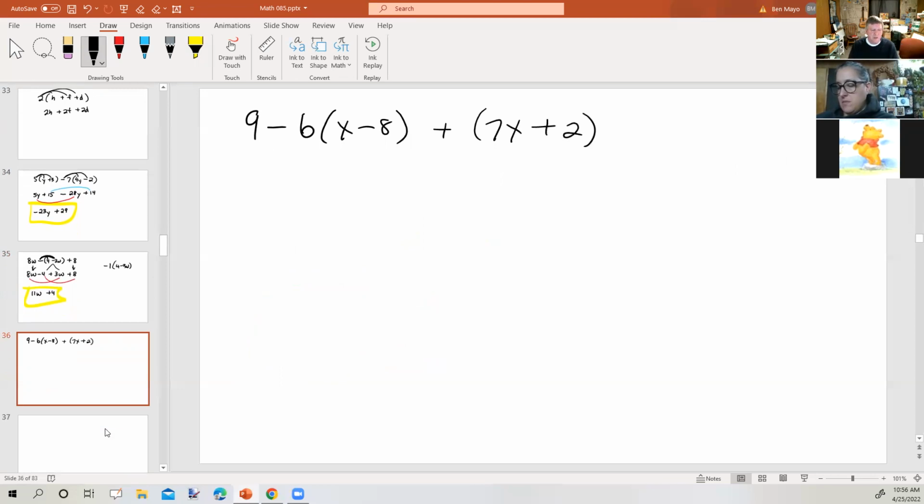Now, we need to be especially careful not to violate order of operations. Order of operations, we have what? Grouping symbols, exponents, multiplication and division, whichever comes first from left to right, addition and subtraction, whichever comes first from left to right. The distributive property lies under multiplication because we're taking what?